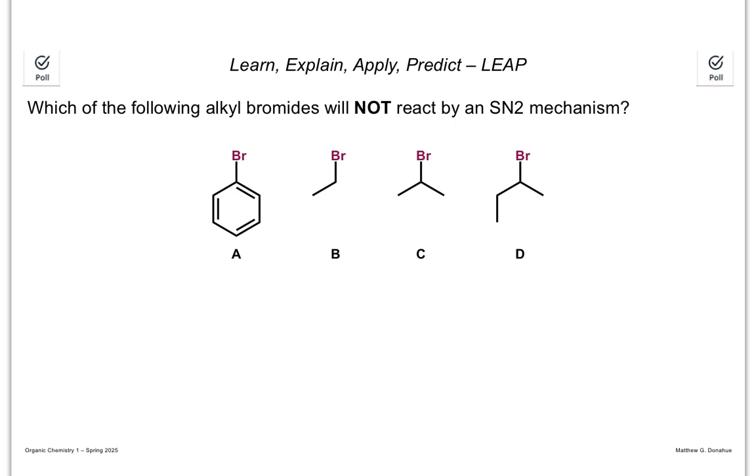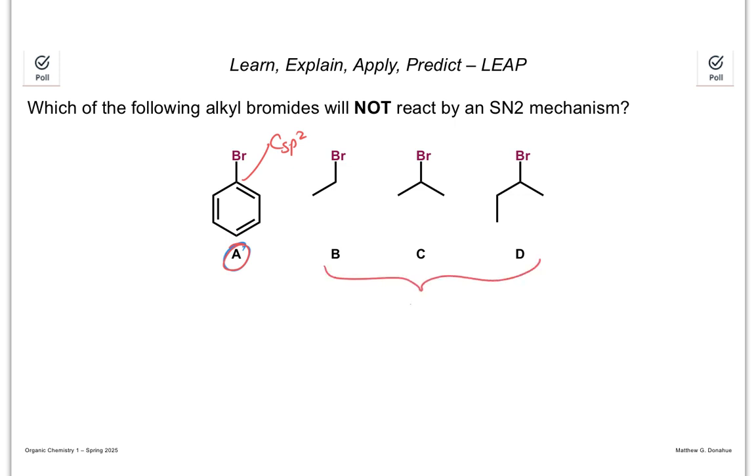So it says, which of the following alkyl bromides will not react by SN2 mechanism? Which one of these is not like the other? So A, and what's the reason? So the double bonds, so that makes that carbon sp2 hybridized.